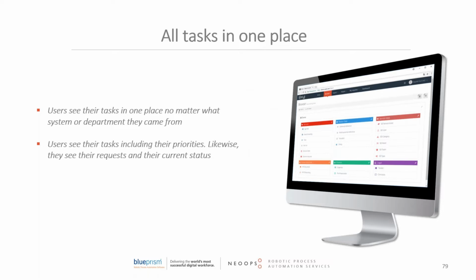So when you turn on Xeelo, you can see all tasks in one place if you have rights to them. As you can see on the computer screen on this slide, there are colored highlighted bars, which are called object types.